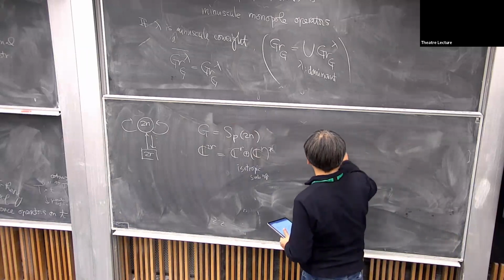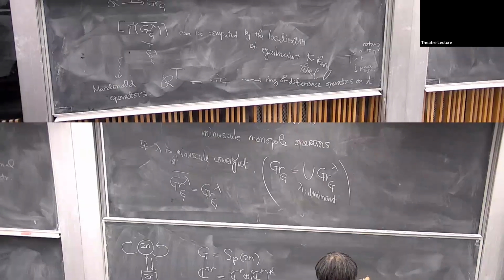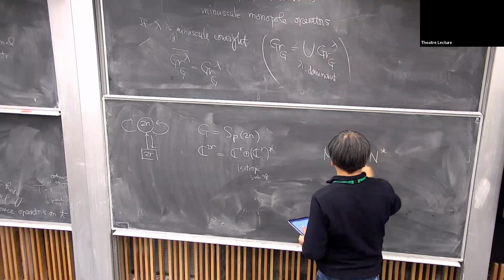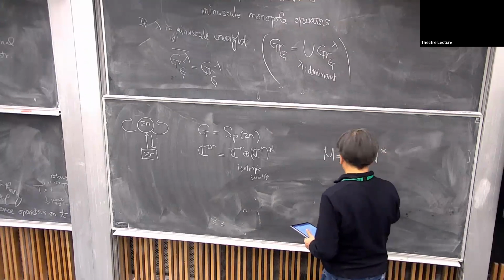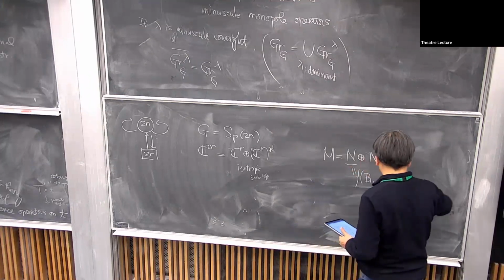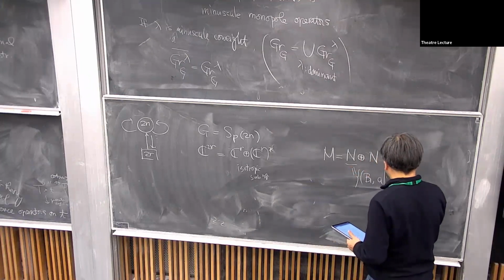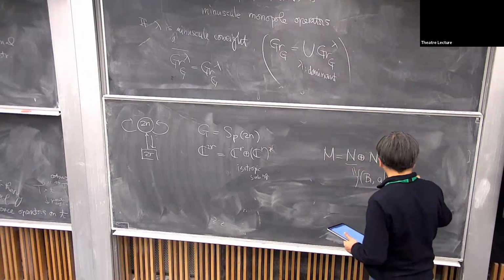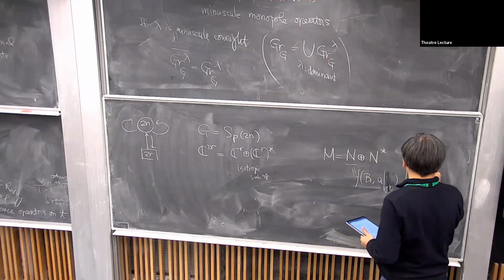Then this M is of this form, n plus n star. So n is just B1 and A. So B1 satisfies B1 star equal B1.